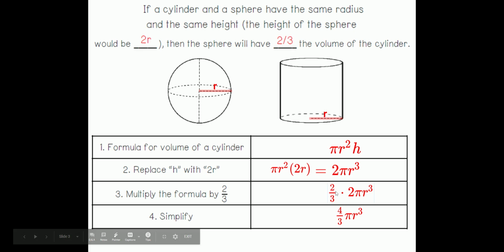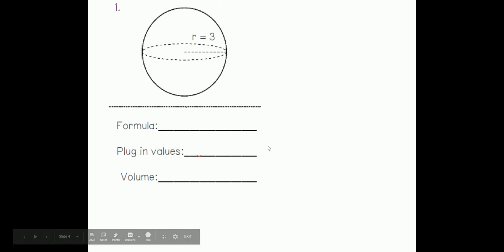So how do we get from 2/3 times 2 pi r to the third to this? Well, 2 times 2 is 4. 3 on the bottom of a fraction gets multiplied with the bottom of this, and if 2 was a fraction, it'd be 2/1, so it'd be 3 times 1. So you end up with 4/3 pi r cubed.